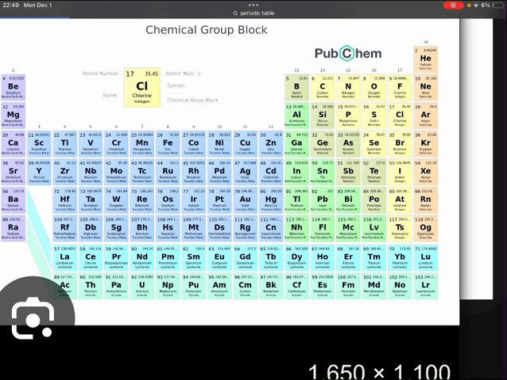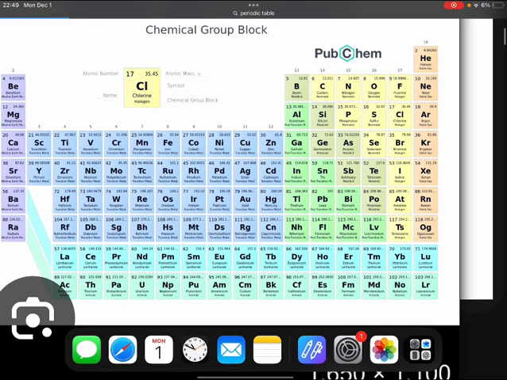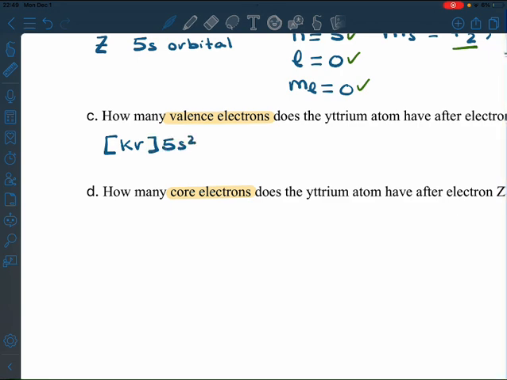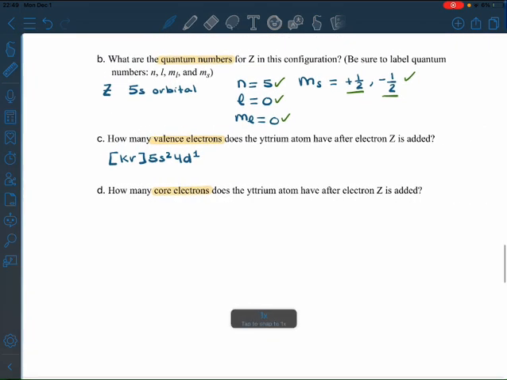So when we're writing that electron configuration, we can use this shortened version and say krypton, and then we'll write the rest, 5s2 4d1.